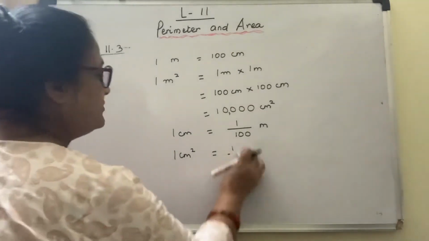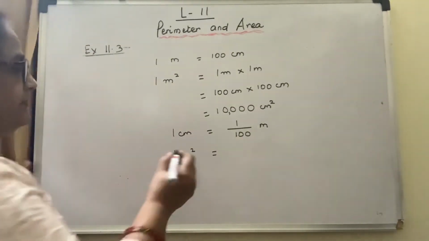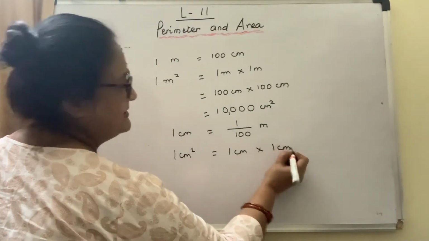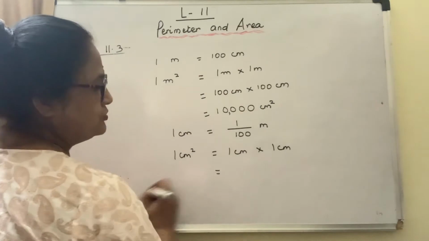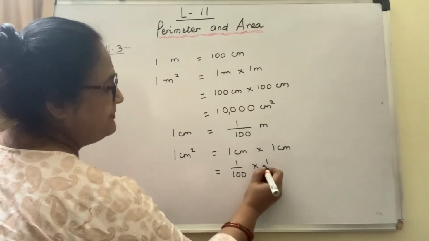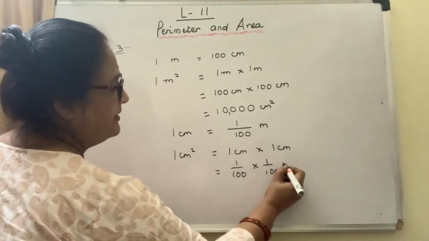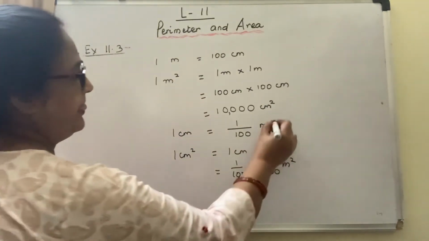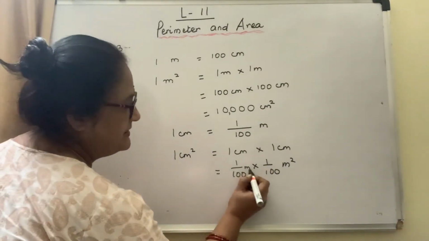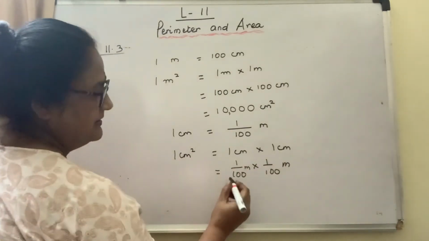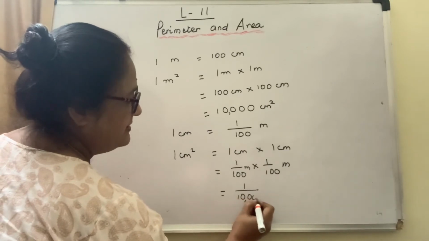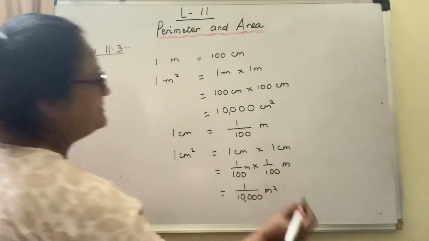Now 1 centimeter square is 1 centimeter multiplied by 1 centimeter, which is equal to 1 upon 100 multiplied by 1 upon 100 meter square, which is equal to 1 upon 10,000 meter square.